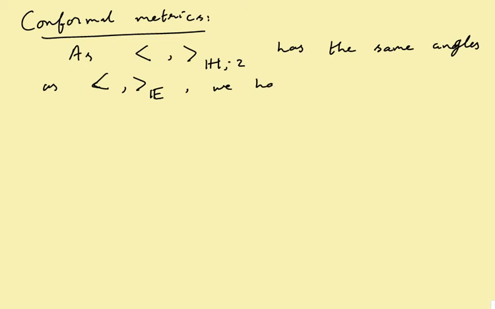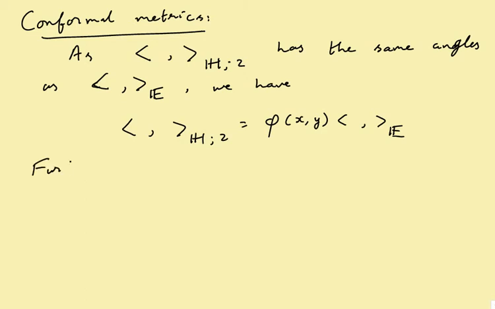Now if two inner products give you the same angle, simple linear algebra tells you that this is some function phi of xy, where z is x plus iy, times the Euclidean inner product. So from trying to find this complicated object, which is an inner product at each point, we are reduced to finding a function.